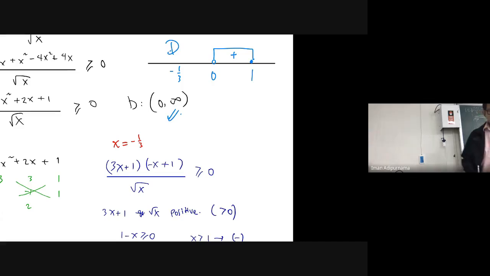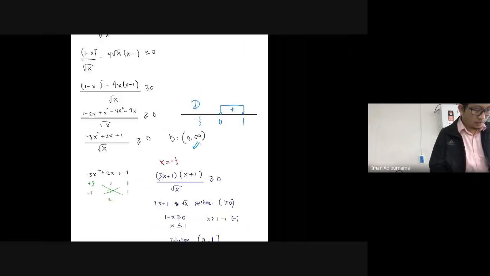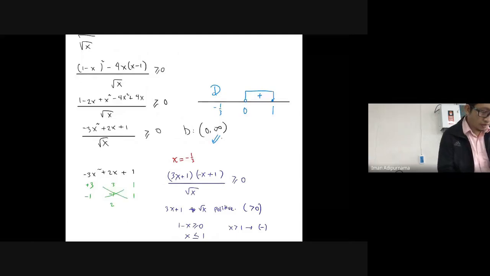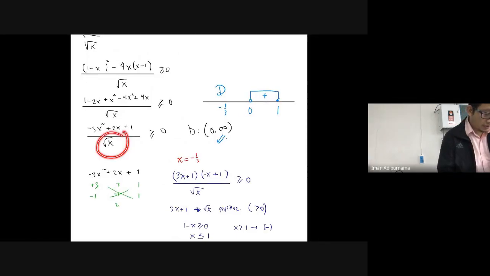Okay. And then because your domain here needs to be greater than 0, right? It needs to be greater than 0. Your domain. Okay. So in this part, it should not have any negative, right? So when we plug in negative 1/3, it will be undefined in this case.